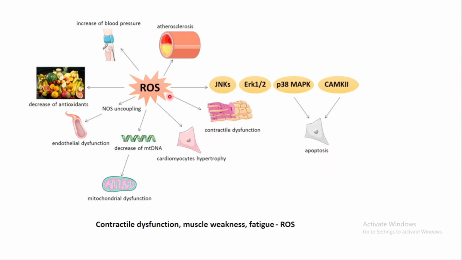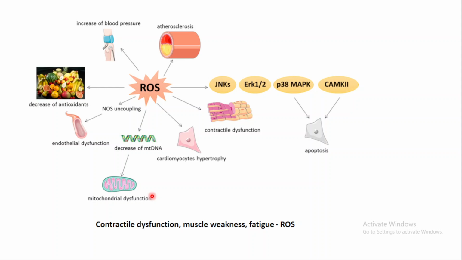So these are many of the phenomena mediated through ROS, via signaling molecules like JNK, ERK1/2, p38 MAPK, and CaMKII. These are all proteins through which this signaling can occur and which can lead to contractile dysfunction, muscle weakness, fatigue, and everything. So ROS can cause all of the above.